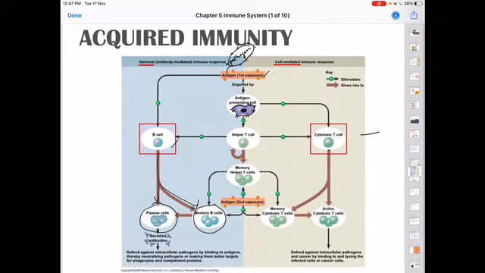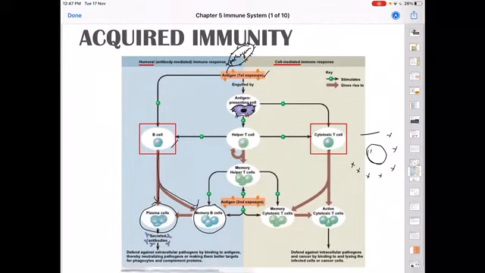Sebab dia hanya akan attack sel kita yang telah dikawal oleh pathogen. Okay, contohnya ini ialah sel badan kita. So dekat luar ni dia banyak pathogen. Tetapi pathogen ni masih di luar sel. Dia belum ada dalam sel lagi. Dia belum invade lagi sel kita.